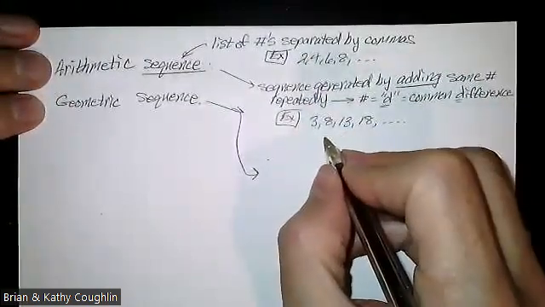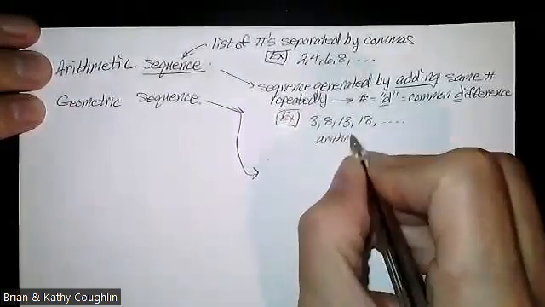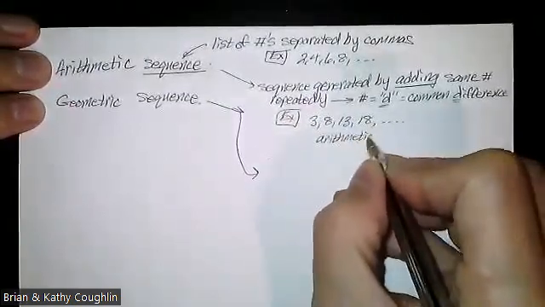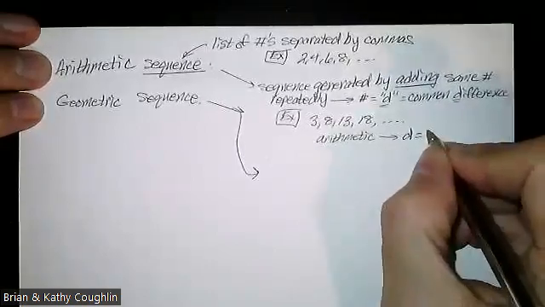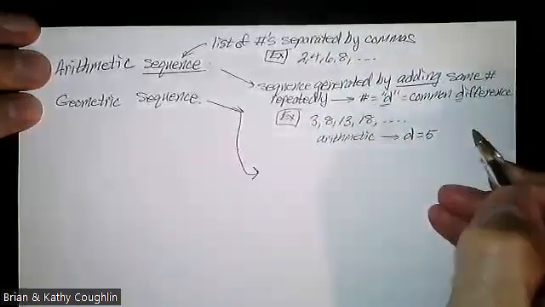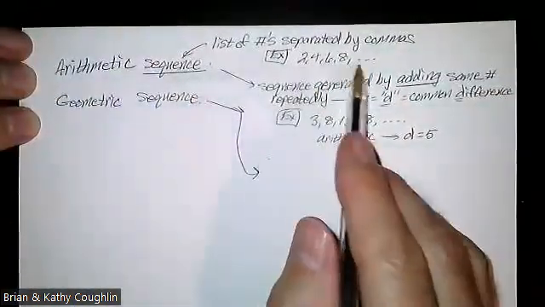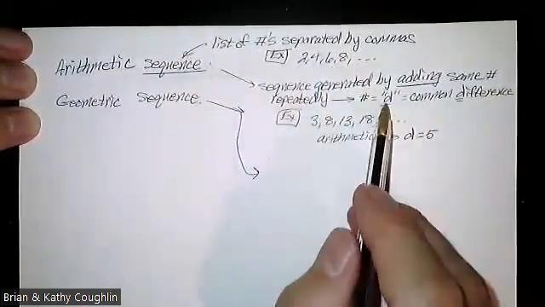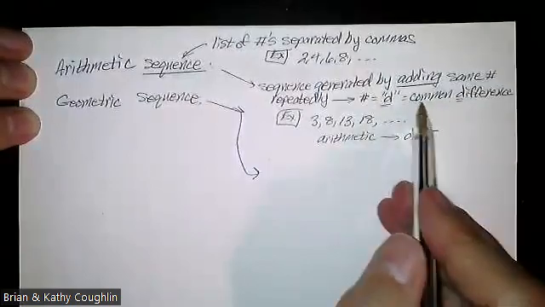Yes, it is arithmetic. And the proof is, can you give me the value of D? Yes, the value of D is 5 because they're adding 5 over and over again. So an arithmetic sequence is a list of numbers in a pattern made by adding the same common number repeatedly, and we call that the common difference.